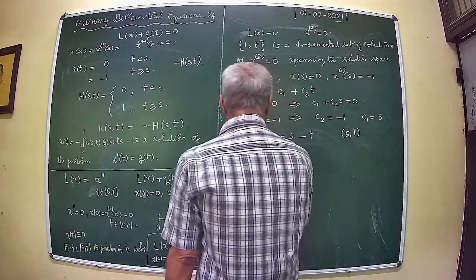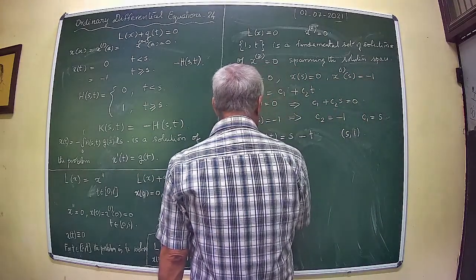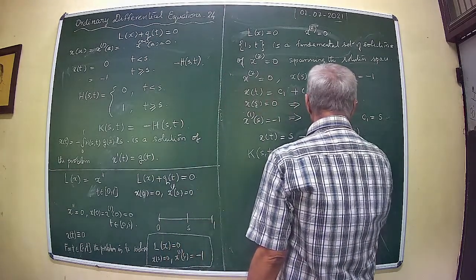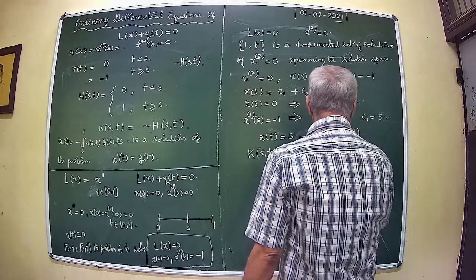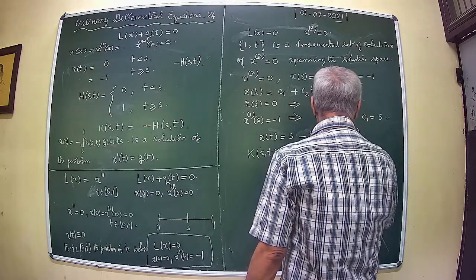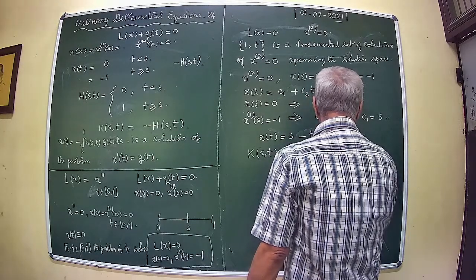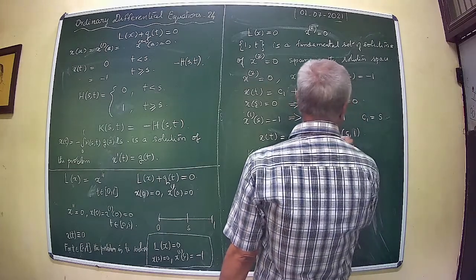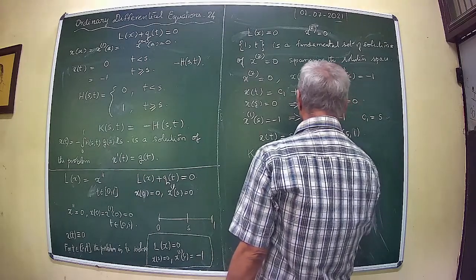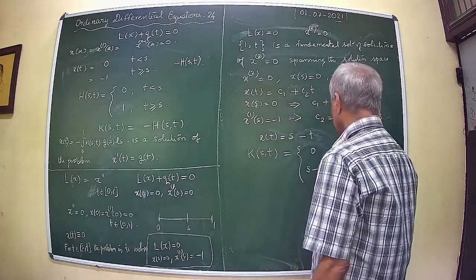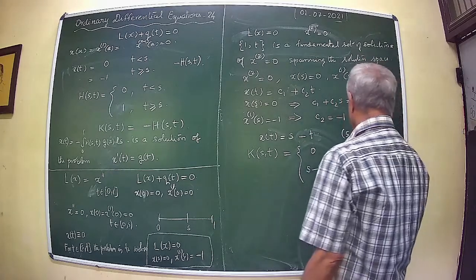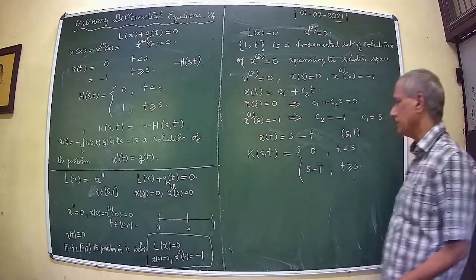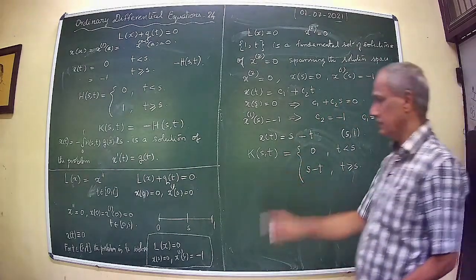Therefore, what is your K(s,t)? This is equal to s minus t for t greater than s. You can easily check that this satisfies all these conditions.